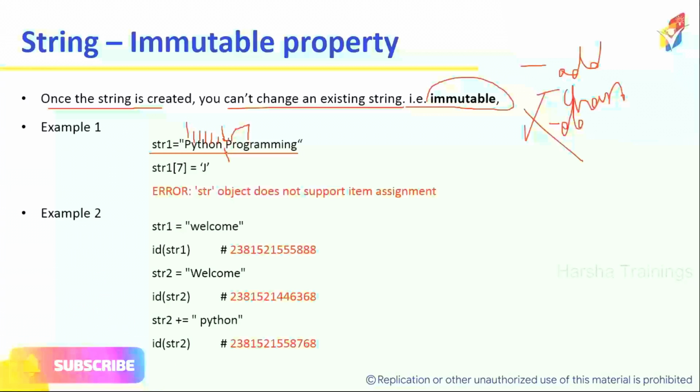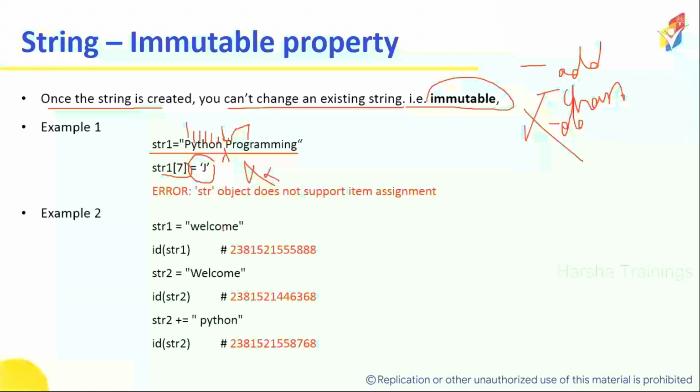Now I want to update index 7, which is P, with J, but it is not possible. I cannot change the existing contents of strings. It is because of immutability. Will you agree? str1 of 7 means P. I want to replace P with J. It is not possible.